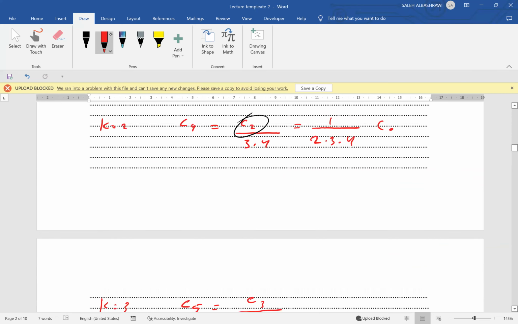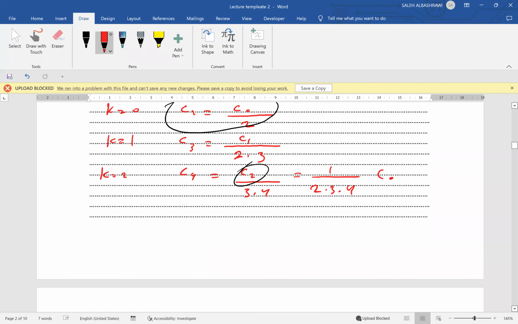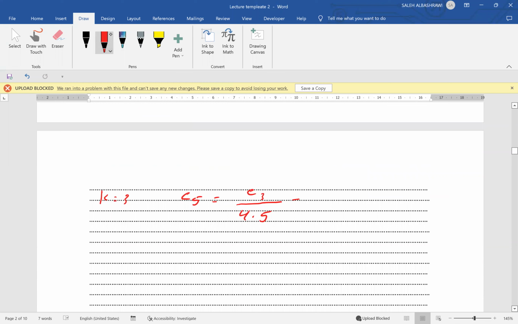And we know that C3 is given by C1 divided by 2 times 3. So this is equal to 1 over 2 times 3 times 4 times 5 C1.